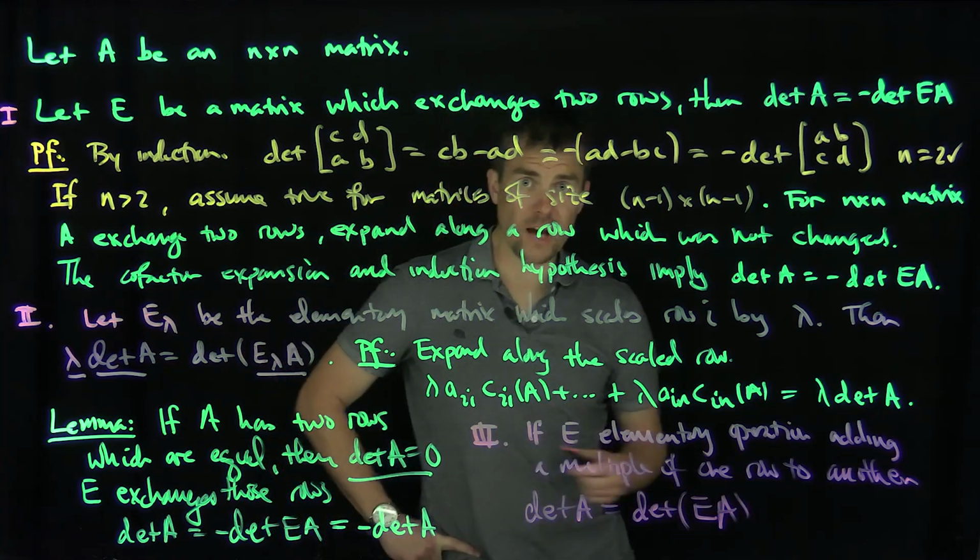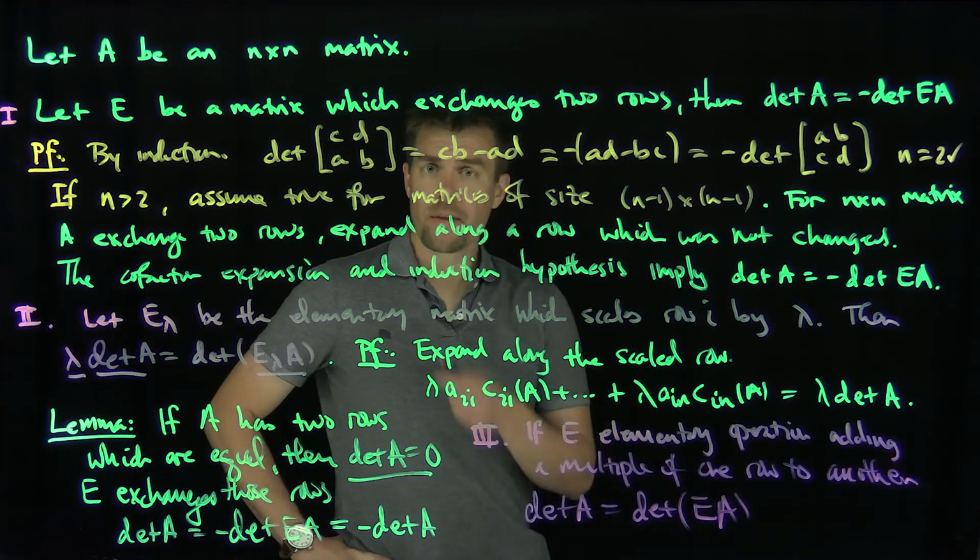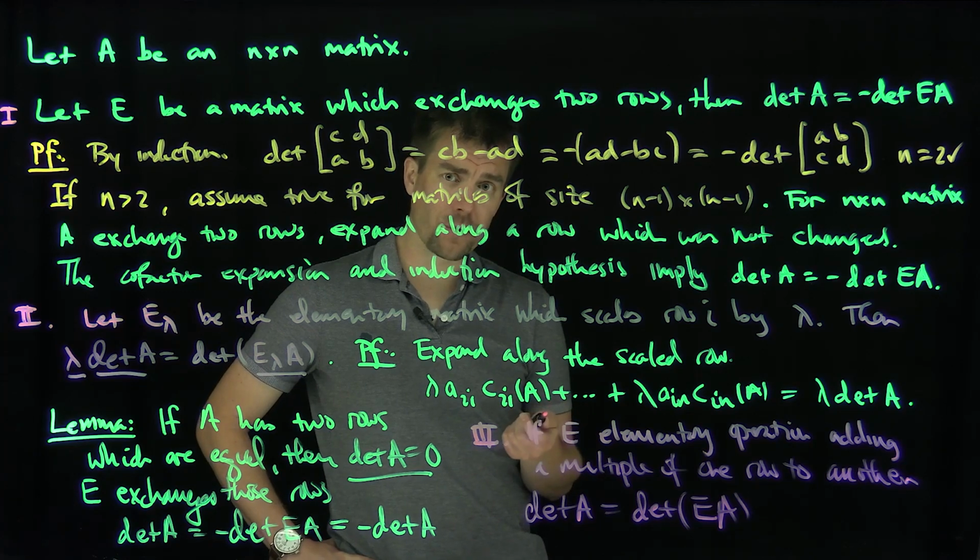In other words, if you add a multiple of one row to another row, that will not change the determinant. And we can think of a very simple reason for that.